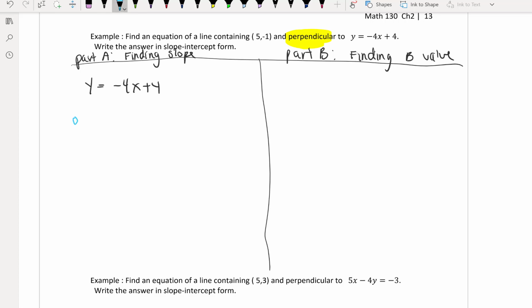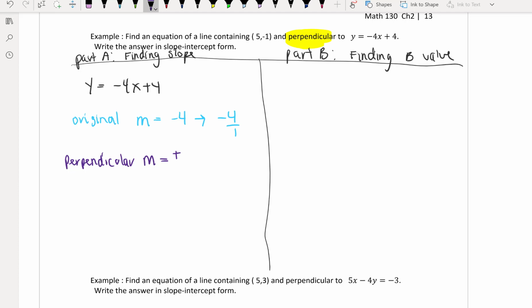So then I can say that my original m is equal to negative 4. And better yet, we can say it's equal to negative 4 over 1. So now when I want the perpendicular m, well, it has to be the opposite sign. So if it was negative, now it's positive.